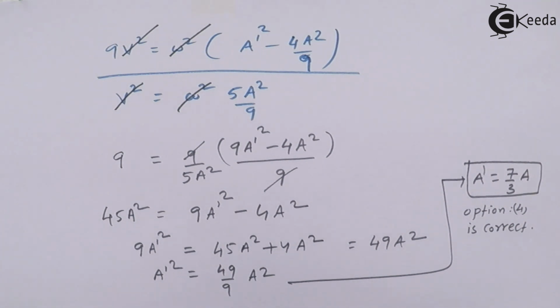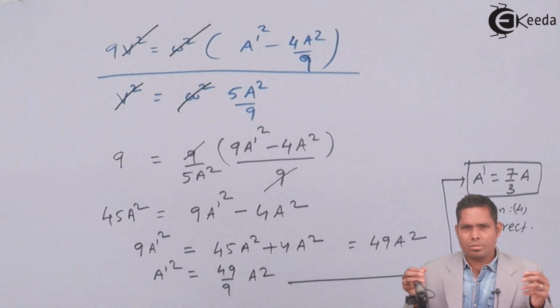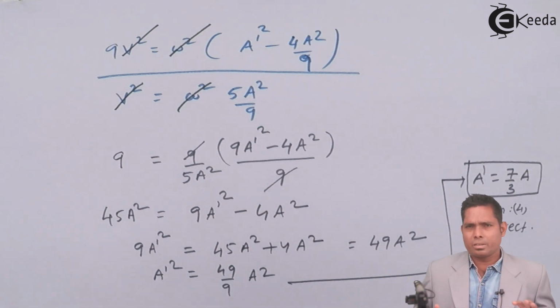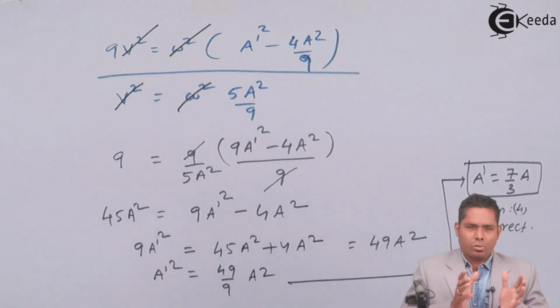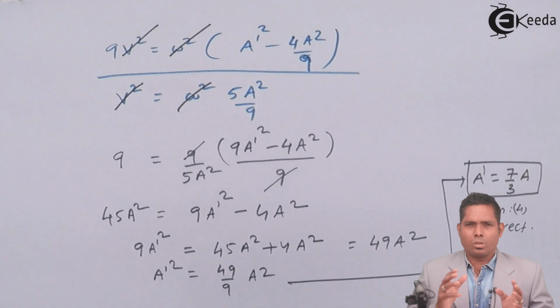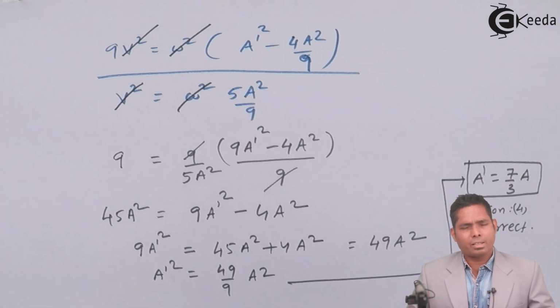What I have basically done is that at a given position x, which is given as 2a by 3, it might be something else, like a by 3 or a by 2, and anything can be asked. At a given x, we know the value of v, which is omega under root of a square minus x square.